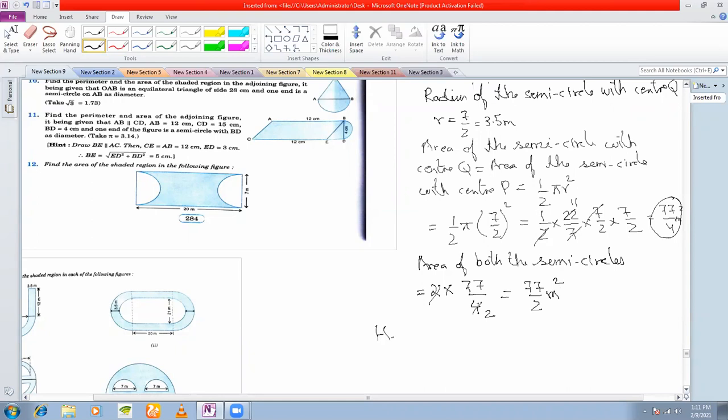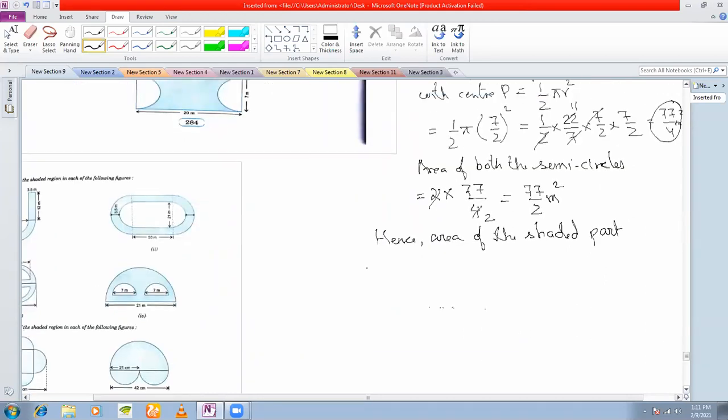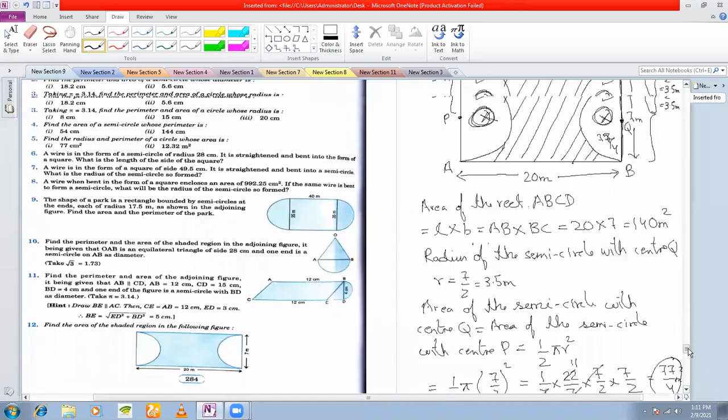Hence, what is the area of the shaded part? Area of the rectangle minus area of both the semicircles. Area of the shaded part is equal to area of the rectangle ABCD minus area of both the semicircles. Area of rectangle ABCD, we have found this out to be 140 meters square.